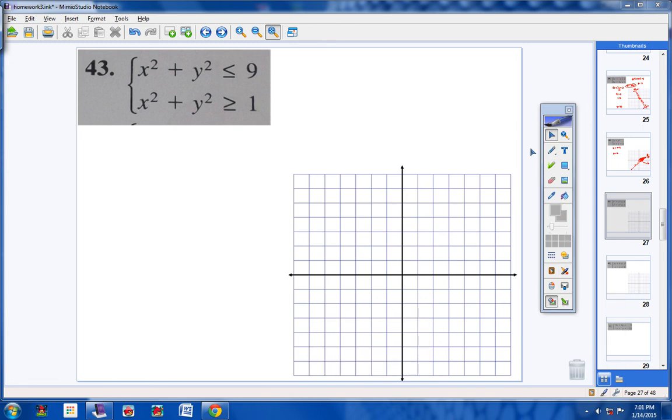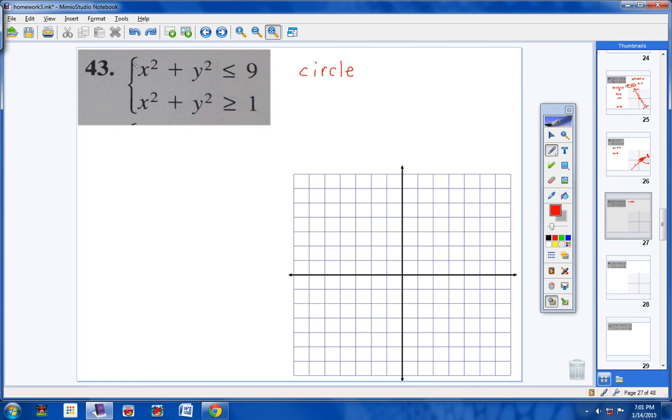Now, students, please notice on number 43, we have an x squared and a y squared. Please listen to me carefully. You cannot always assume you have a circle. Now, trust me, on your test, I will give you equations that are either linear or quadratic so that you have a parabola or circles. But I don't want you to leave my class and think that every time you see an x squared and a y squared together in an equation, you automatically have a circle.